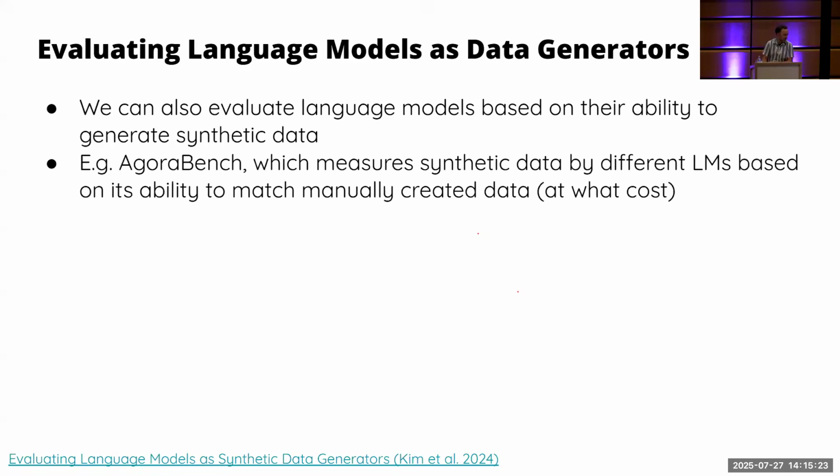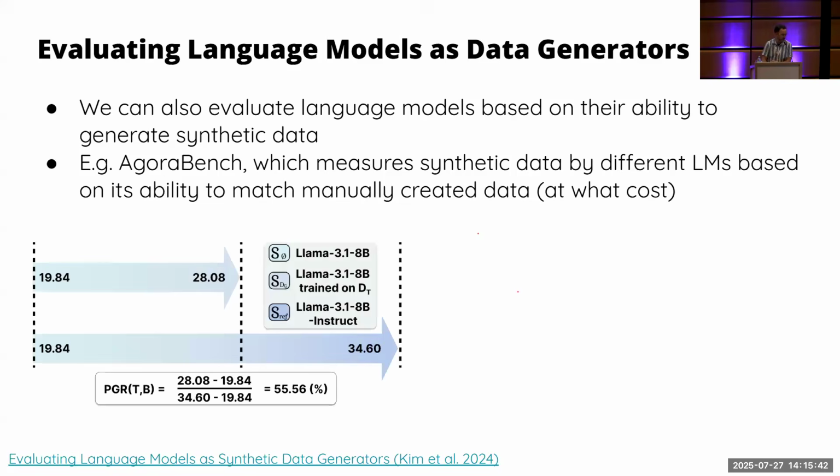And so we recently created a benchmark called AgoraBench, which we're presenting here at the ACL conference, which measures synthetic data by different LMs based on its ability to match manually created data for extrinsic measures and at what cost. The evaluation metric we designed for this assumes that manually created data is a gold standard.